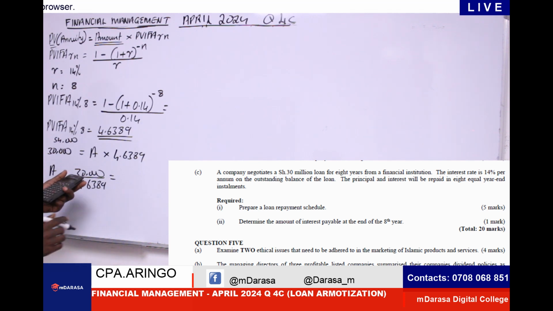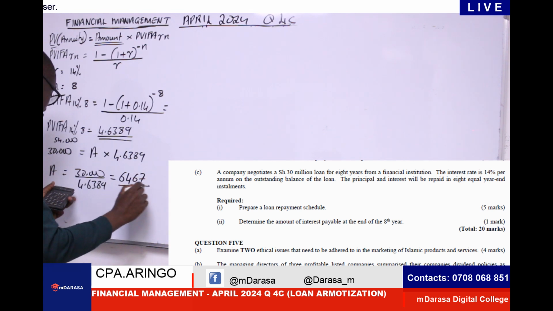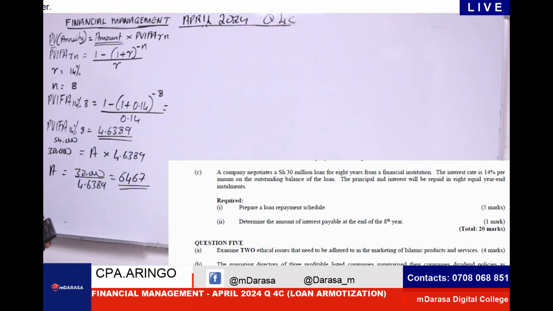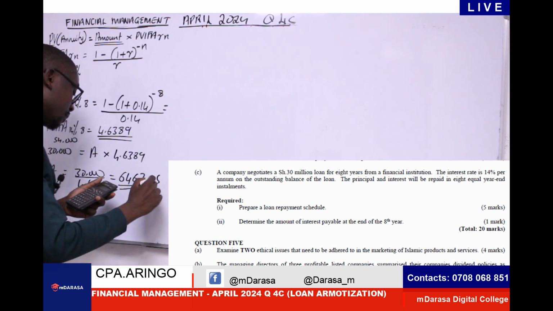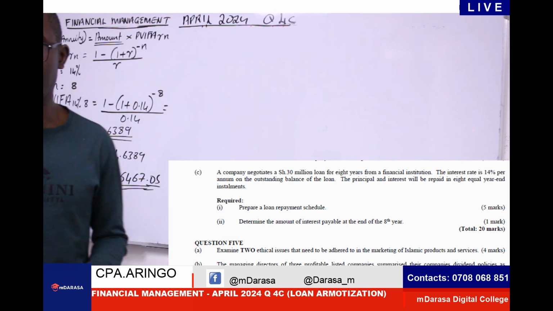Mwalimu is getting 64.67. Kindly confirm if we are getting the same values.